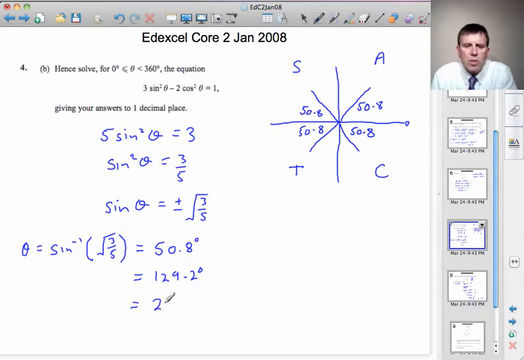So that's 230.8 degrees. And the last one is a full circle except for the last 50.8 degrees. So that would be 309.2 degrees, 360 minus 50.8. And that completes the 4 roots of this equation.